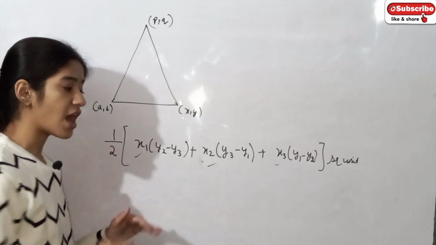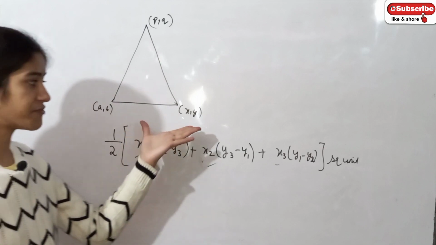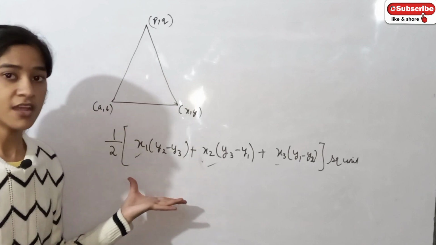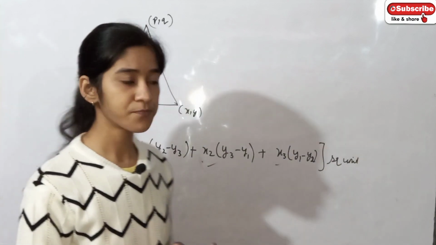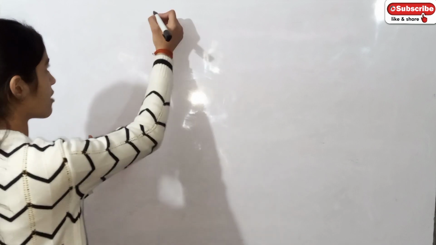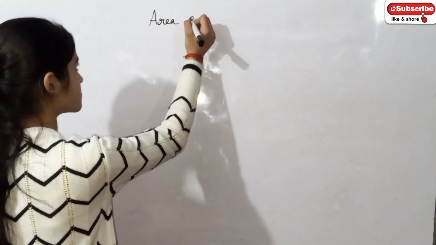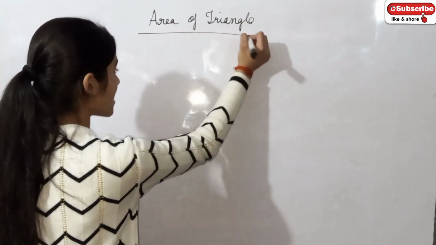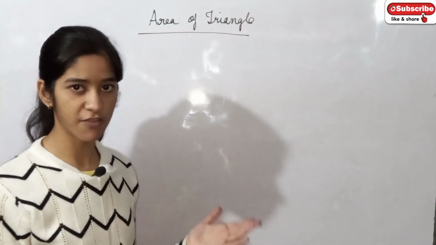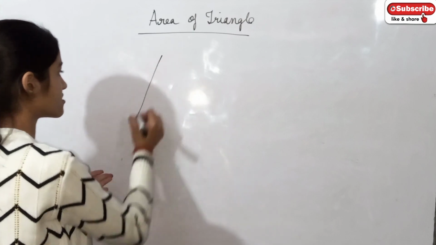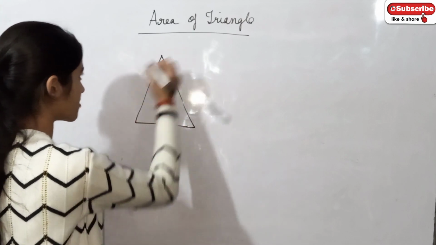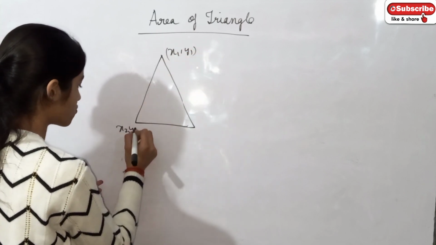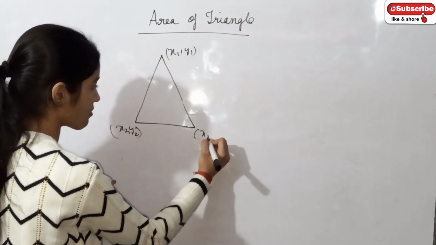But now how can we find the area of a triangle with the help of determinants, that is, how can we use determinants to find the area of a triangle? Now we are going to discuss only that thing. Let's consider that a triangle is given having coordinates (x1, y1), (x2, y2) and (x3, y3).